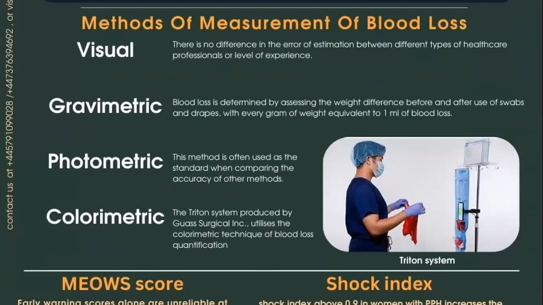Okay, the next one is going to be the colorimetric method, and this one is the latest one. This is the most updated one, and it depends on automated systems, like Triton. Triton is produced by a surgical company named Gauss Surgical, and they utilize an iPhone app.